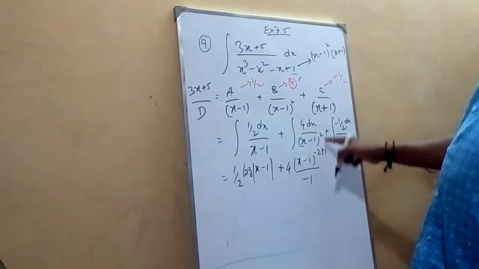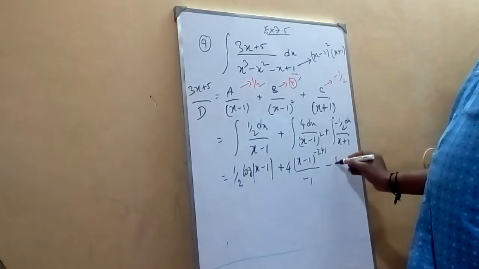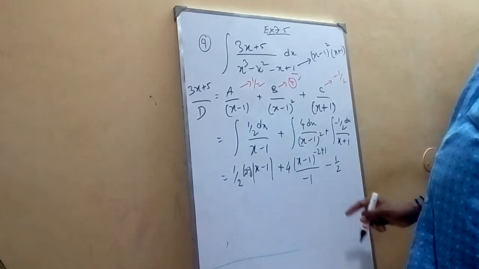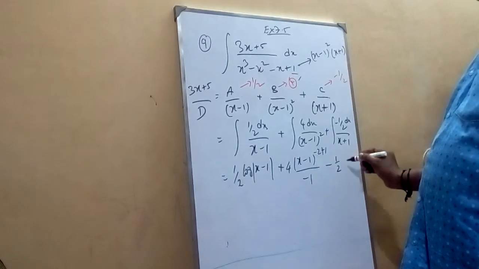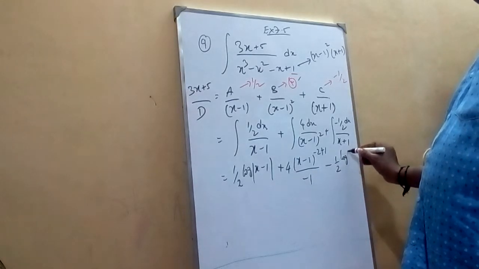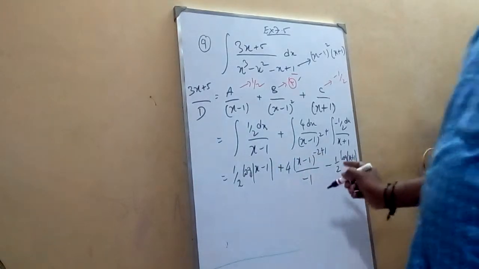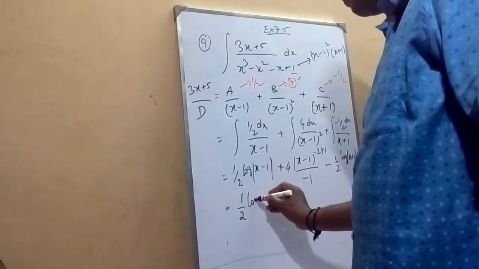So that is the power raised to minus 2, plus 1 is minus 1. This minus 2 plus 1 is equal to minus 1. That I am writing it right. So it is half into log of x plus 1 plus c. So combining these two, the negative will come as denominator.